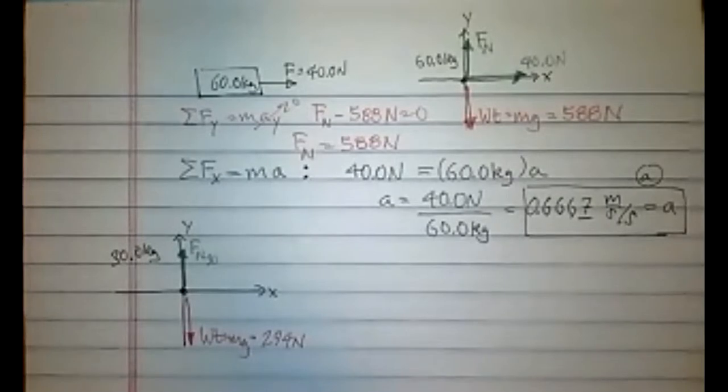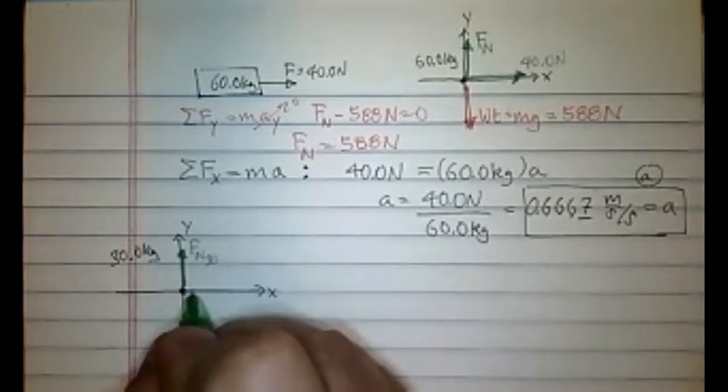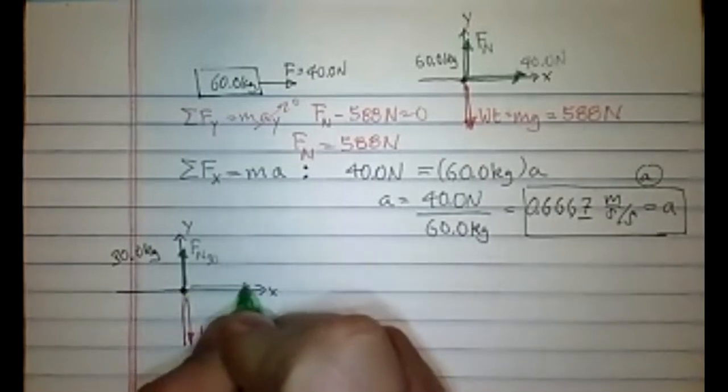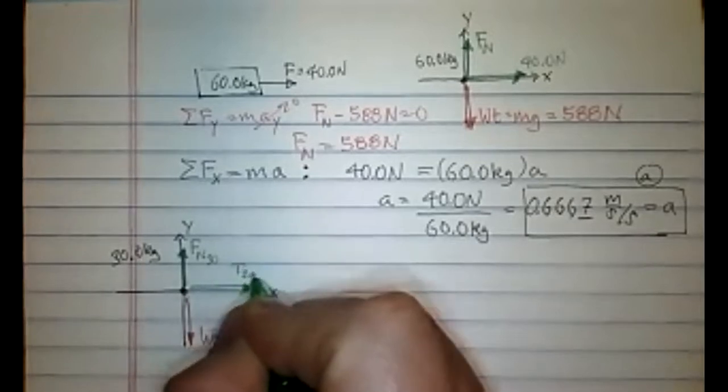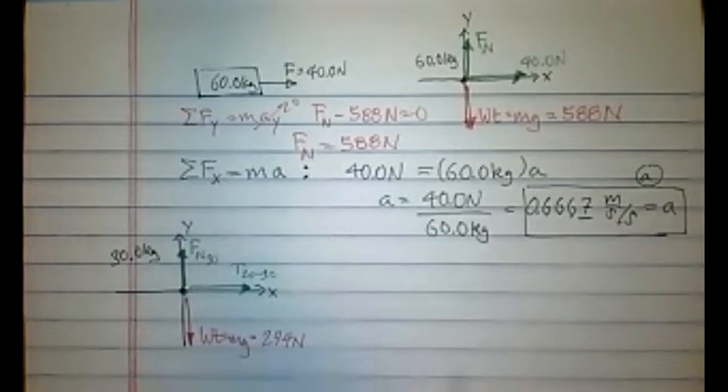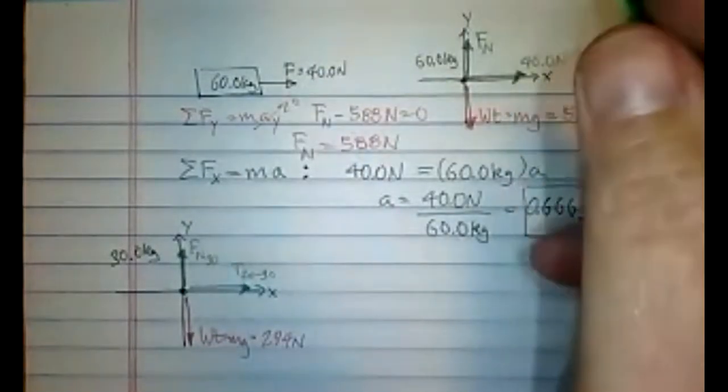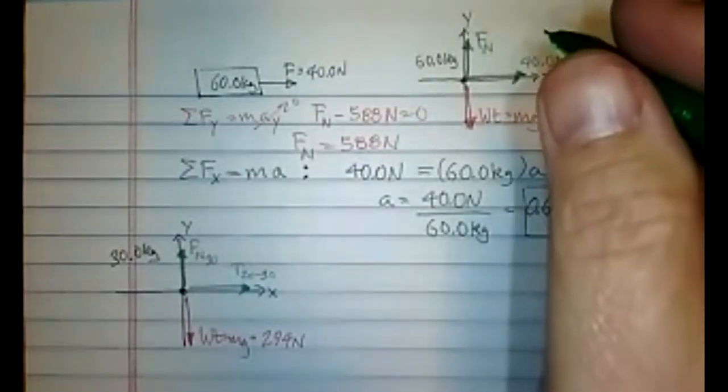Now, that's the thing that doesn't touch it that causes a force. And there's one more thing that is touching it and therefore causes a force, and that's the tension in the string. That tension is called T20-30, or 20 minus 30, whatever you want to call it. That's something we're actually trying to solve for.